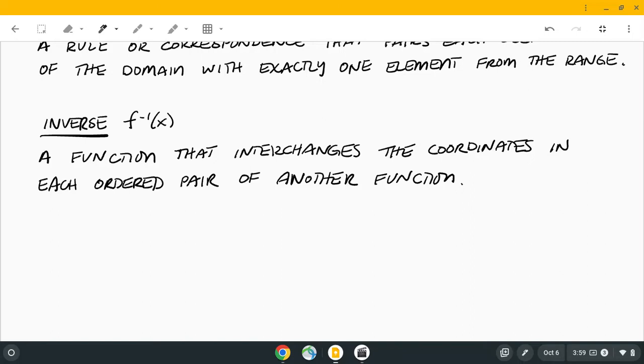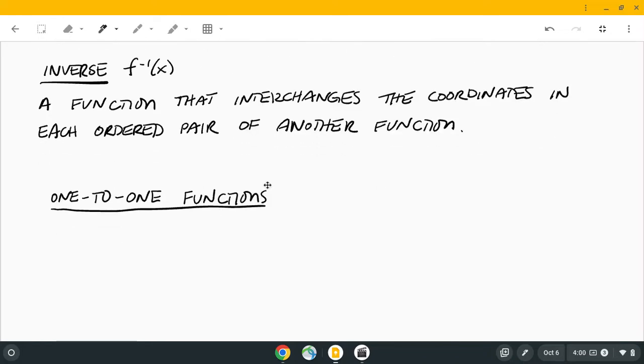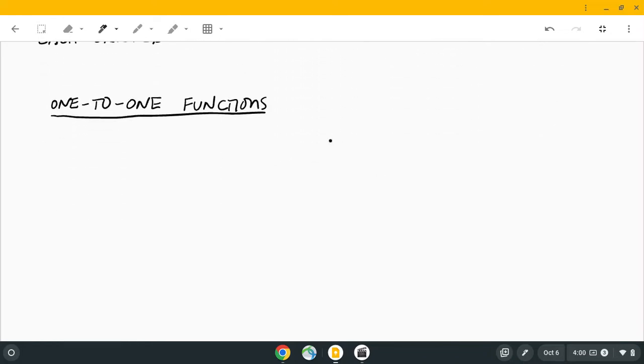Okay, so it turns out not all functions have inverses. It turns out that only functions that are one-to-one have inverses. So what are those? If you remember, maybe you were taught that the graph of a function passes the vertical line test. If you draw a vertical line, it'll only cross the graph once.